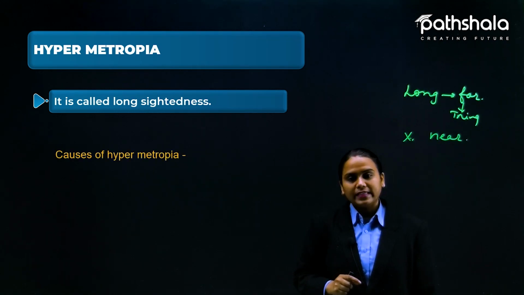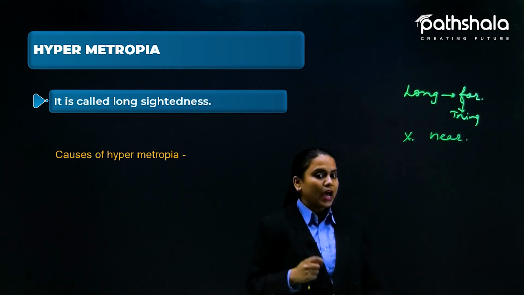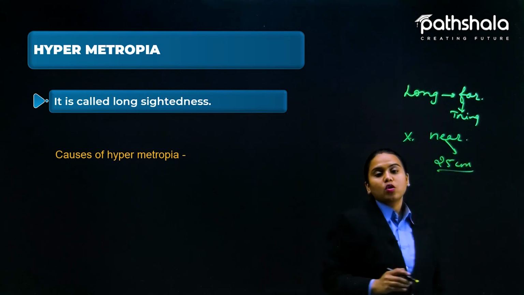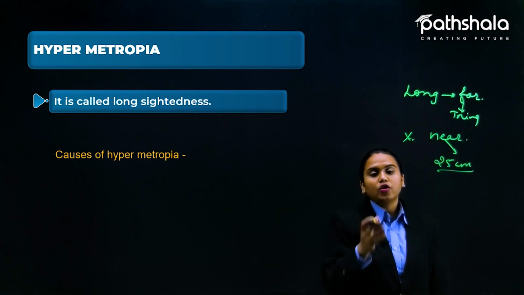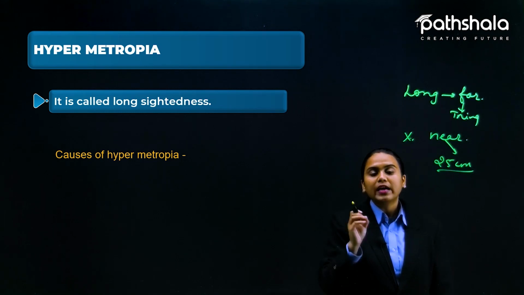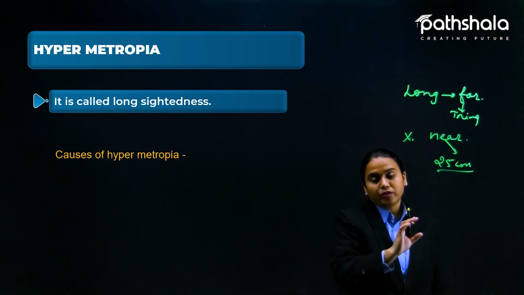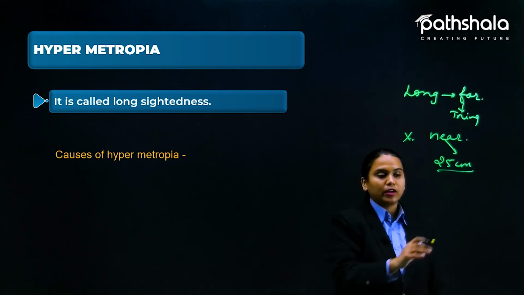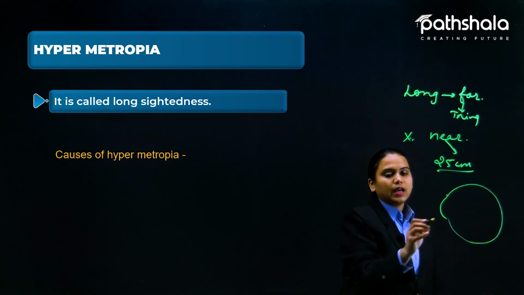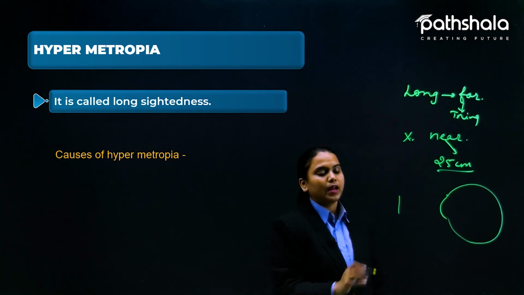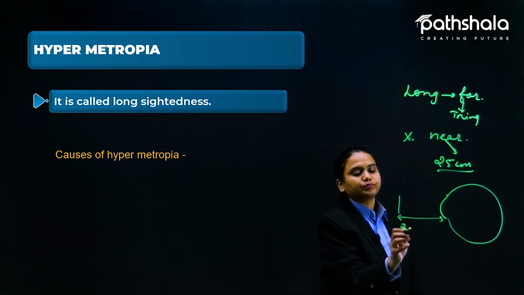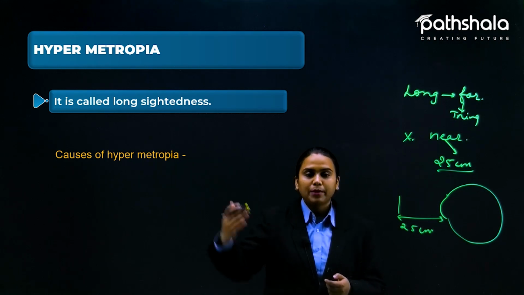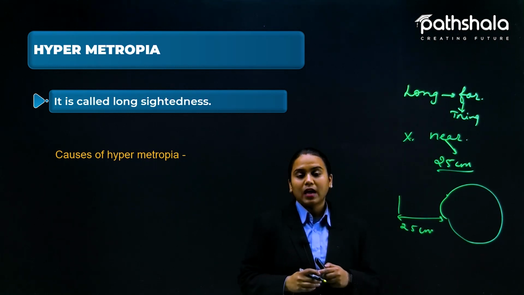So what are the basic causes of hypermetropia? Again, I am telling you that the nearest thing the normal eye is capable of looking at is 25 centimeter. Let's suppose here is the eye and this is the limit for the normal eye, 25 centimeter. The person suffering from hypermetropia is not capable of seeing things at this position.